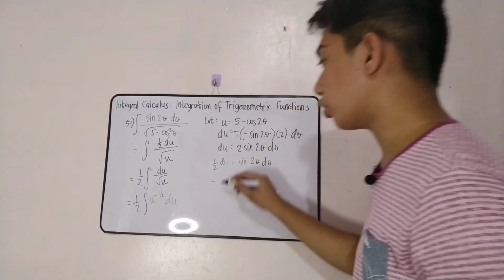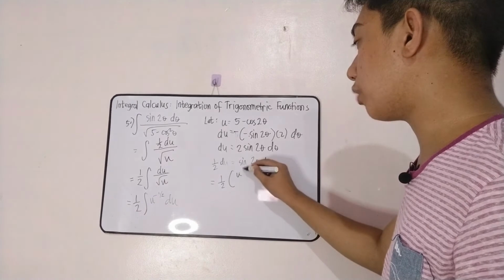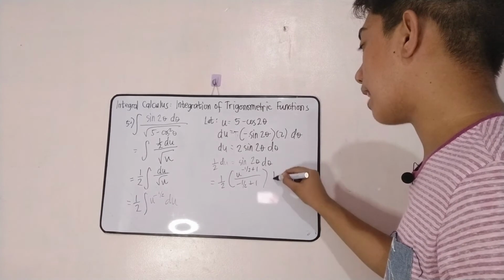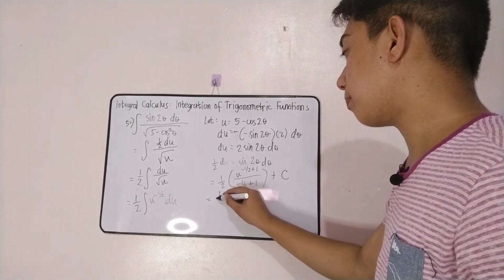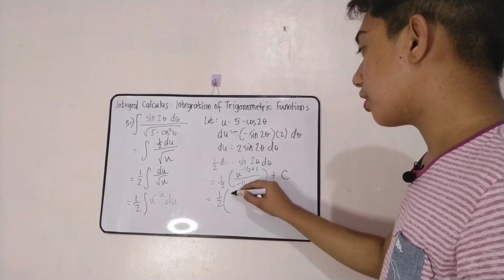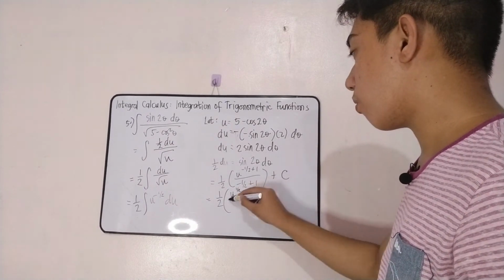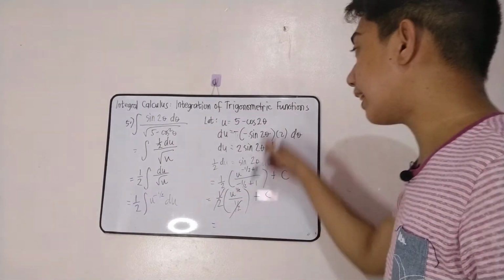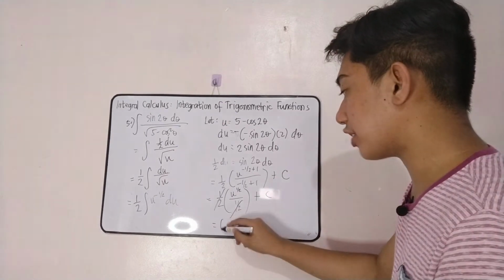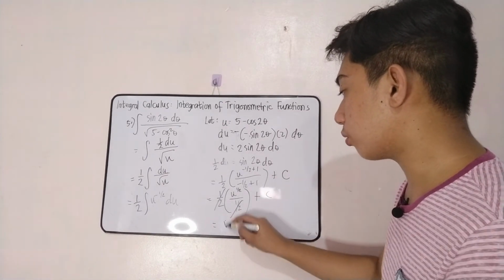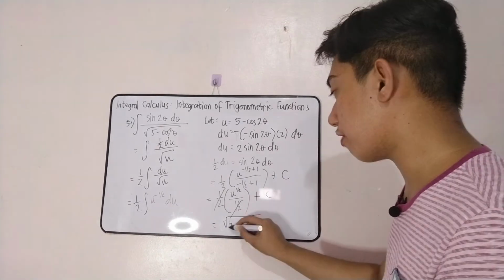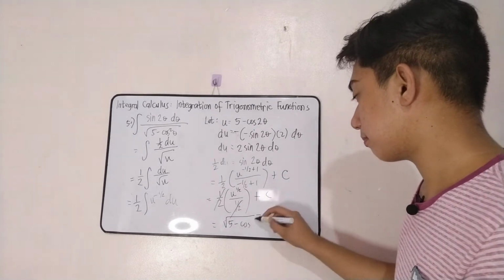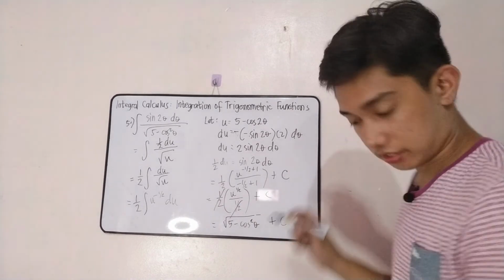Then, power rule: 1/2 times u raised to negative 1/2 plus 1 over negative 1/2 plus 1 plus c. Then you simplify, this becomes 1/2 times u raised to 1/2 over 1/2 plus c. We cancel the 1/2, therefore, we return u. So, the final answer will be the square root of 5 minus cosine squared theta plus c.